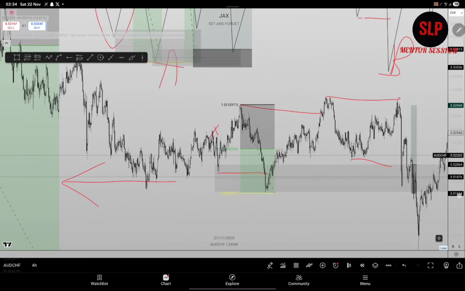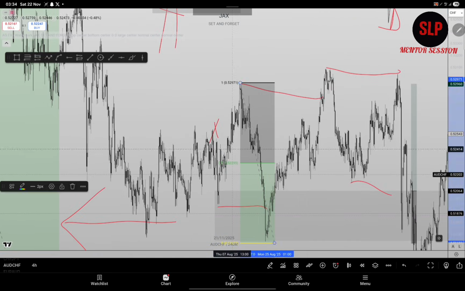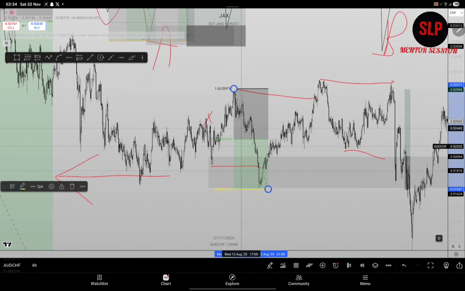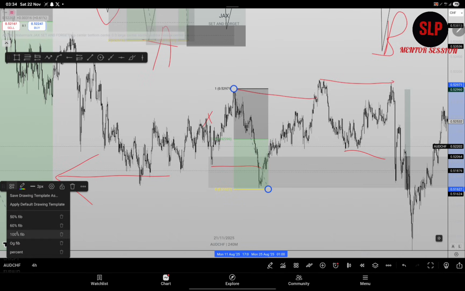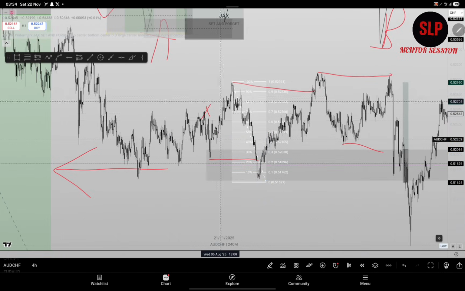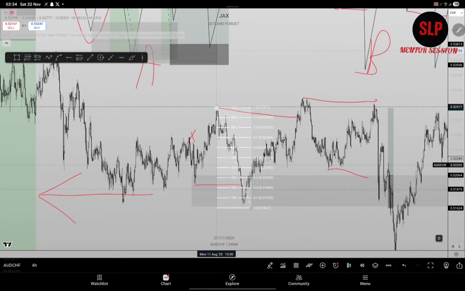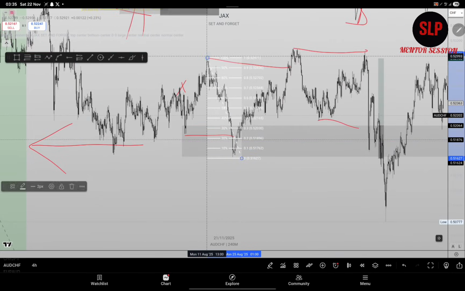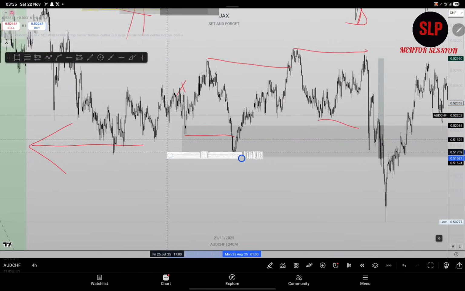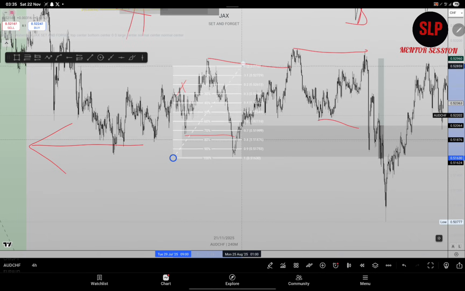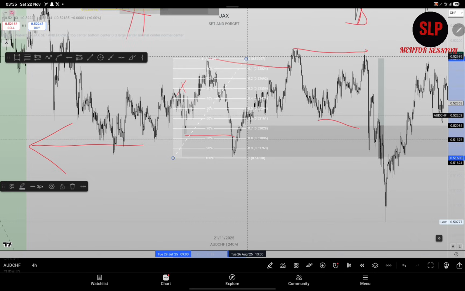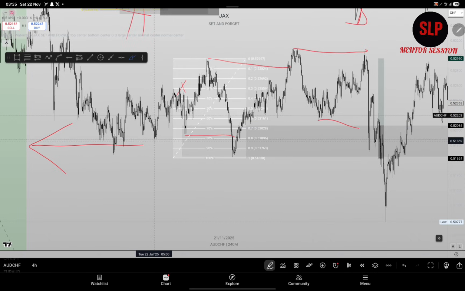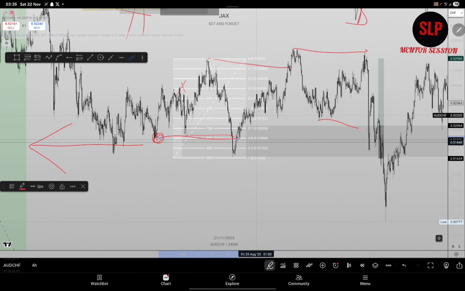Let's measure out our sweep. What can you see here? Which position is this sweep in? This sweep is occupying 80%.